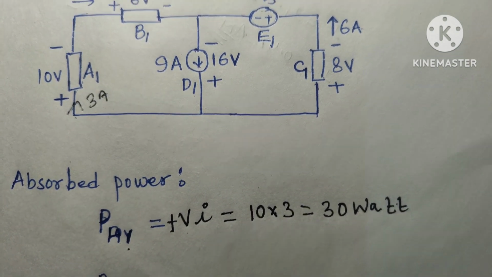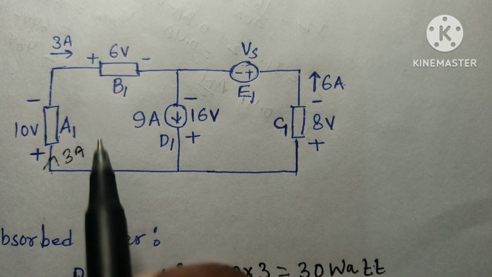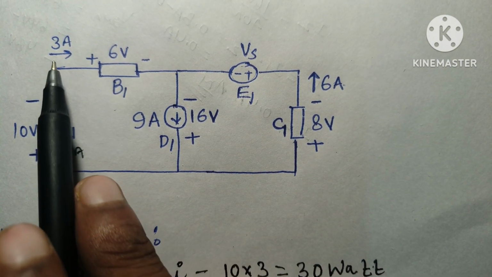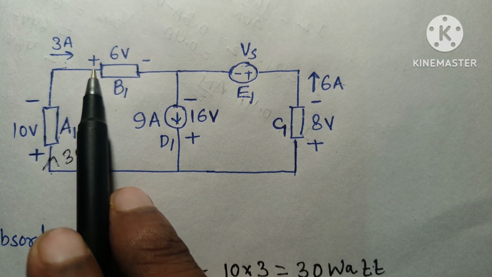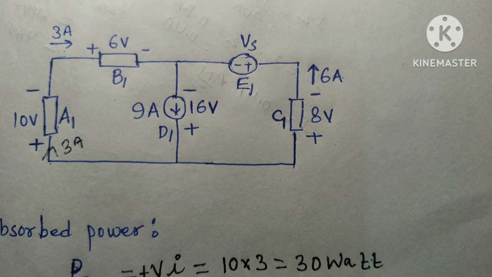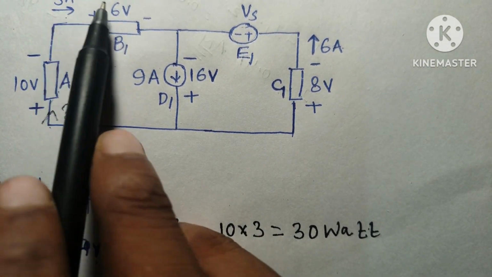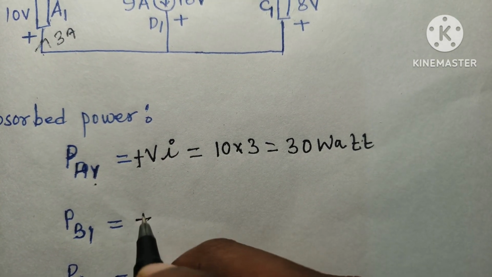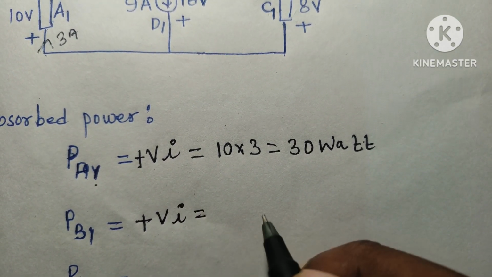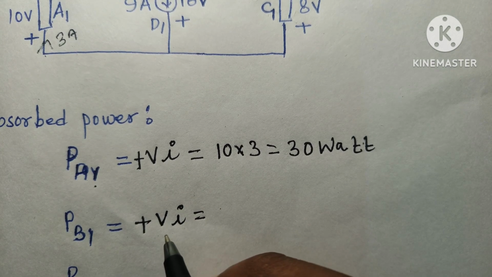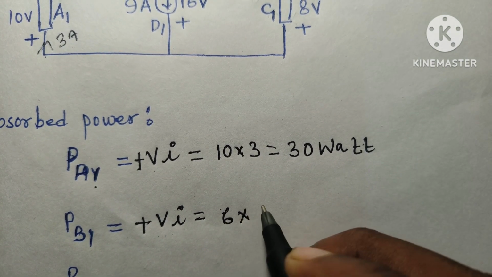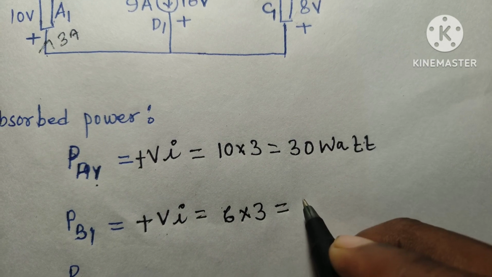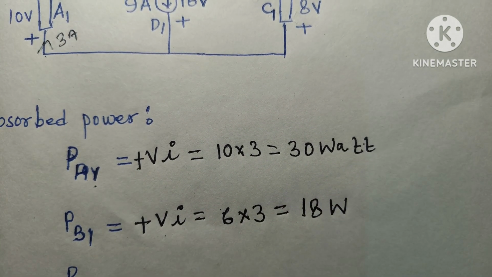Now if we see element B1, 3 ampere current enters at the positive terminal, so this element's absorbed power can be written as 3 into 6 with positive sign. So B1 absorbed power is plus V into I, and as voltage is 6 volt and current is 3 ampere, its power absorbed will be 18 watt.